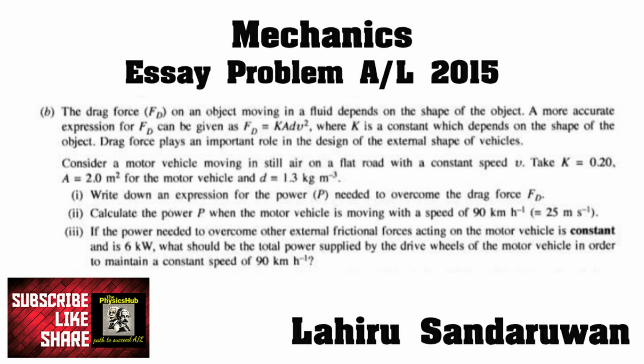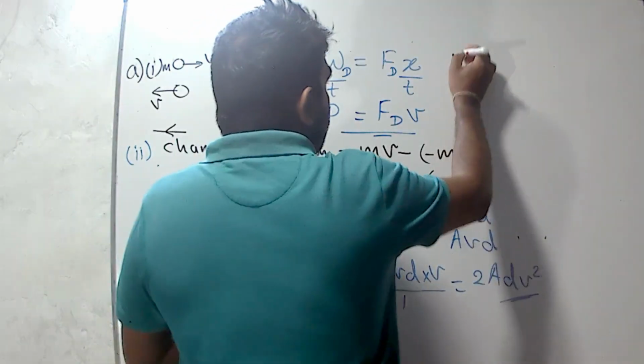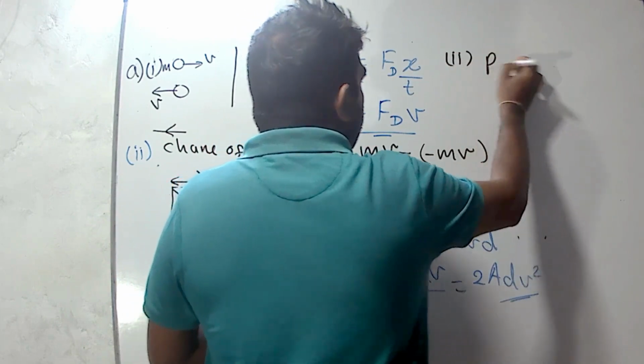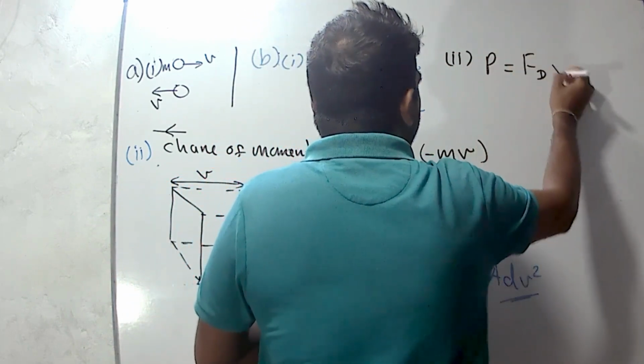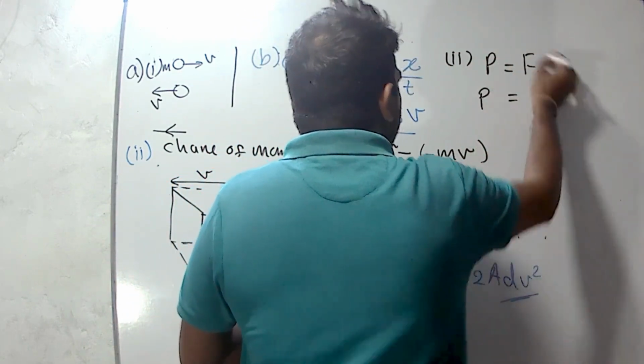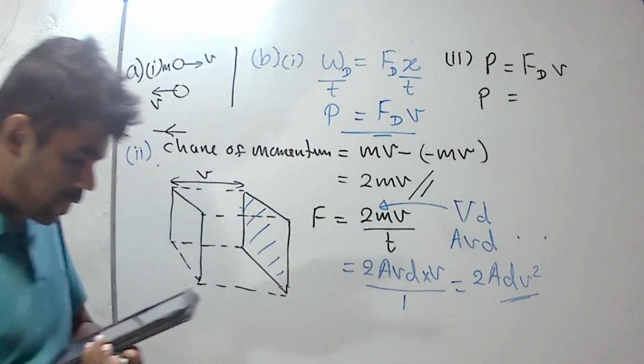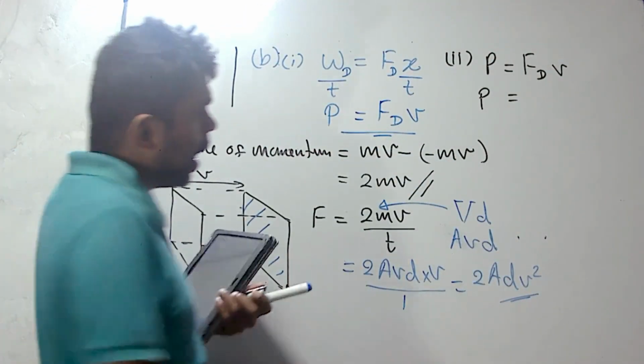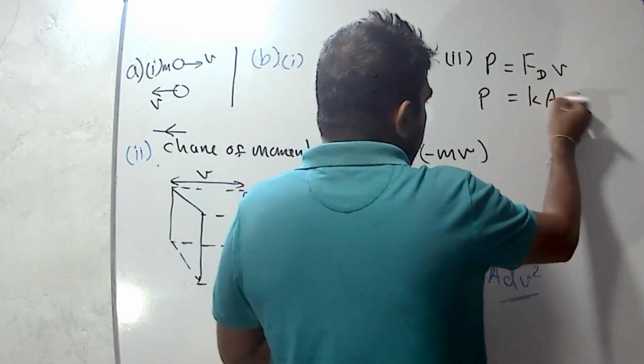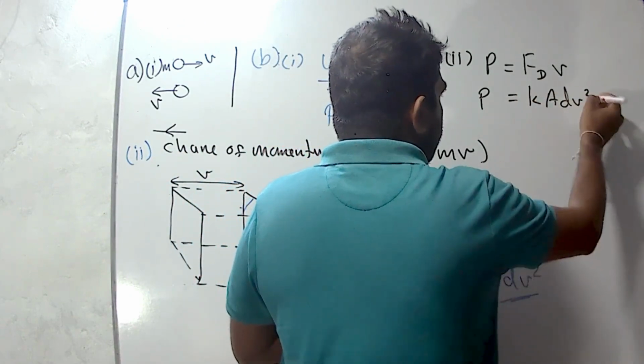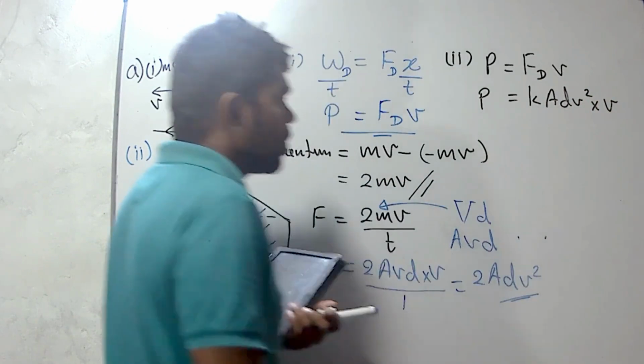Part 2. Calculate the power when the motor vehicle is moving with speed 90 km per hour. 90 km per hour is 25 meters per second. Then we can substitute into the equation power equals Fd times v. We can substitute the drag force by using the given equation KAdv squared multiplied by v.